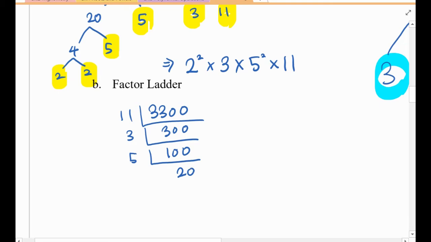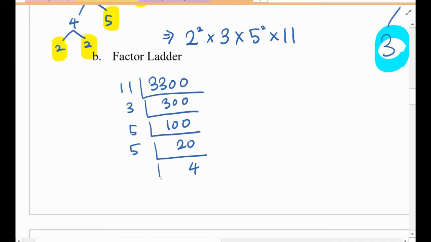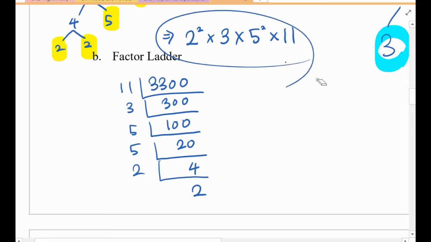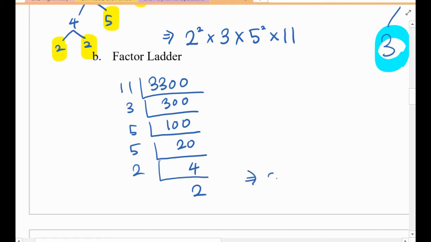It becomes 20. 5 again, becomes 4. Now I can use 2, becomes 2. Again, we have 2 2's, and 2 5's, and 1 3, and 1 11. Same prime factorization, right? So the result will be the same.